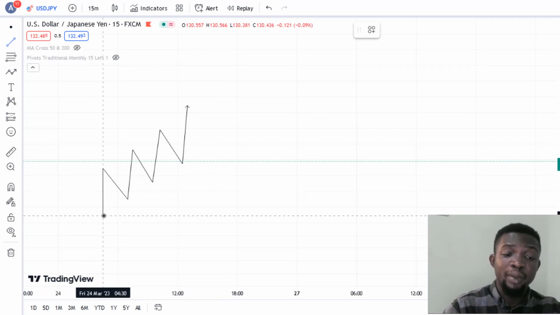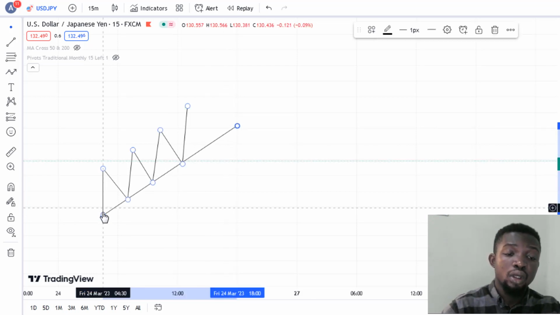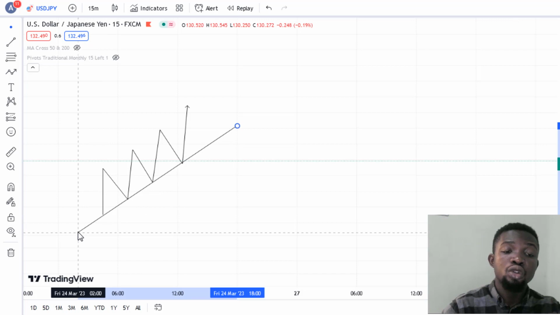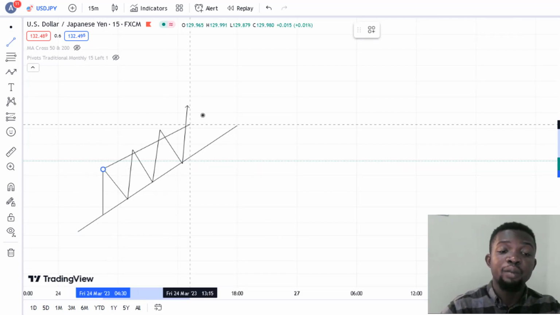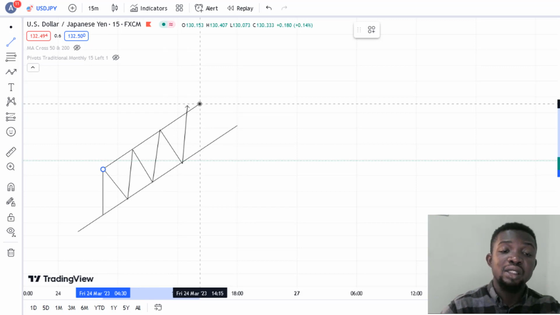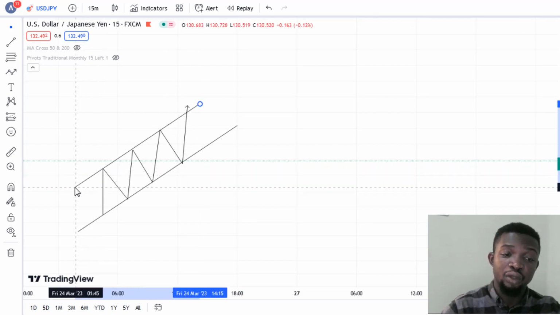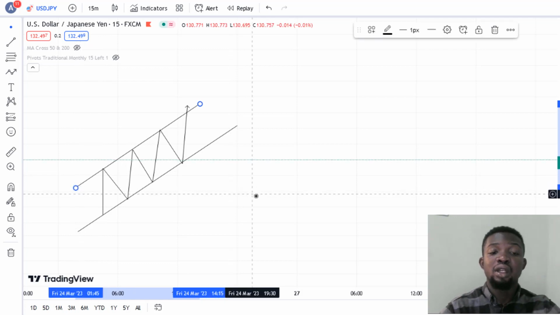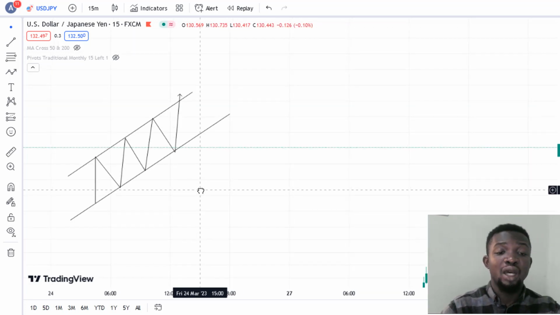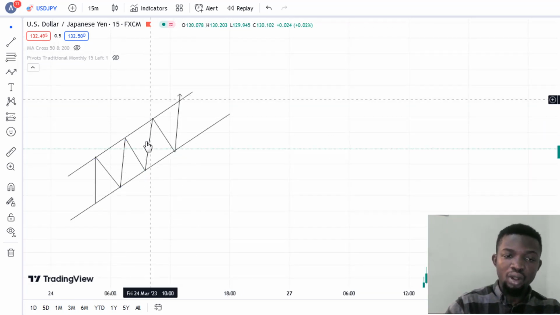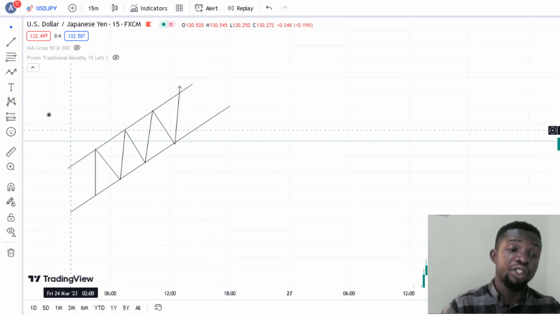Then I draw my trend line to connect at least 2 points of the higher lows. Then I also draw my trend line to connect at least 2 points of my higher highs, and that gives me the trend of the market. As you can see, I'm able to draw the trend line to this uptrend market, and everything together makes it what we call a channel.